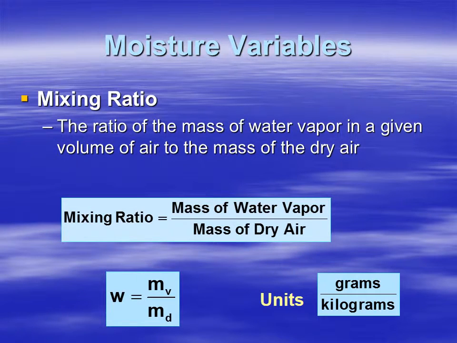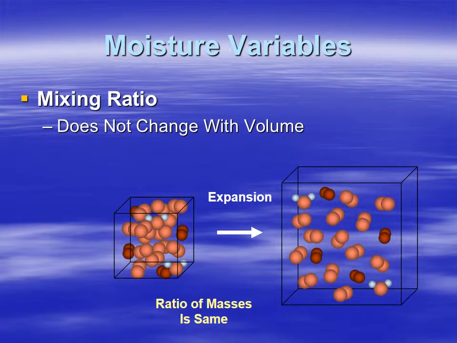Here's the equation. It's a ratio, and we use the symbol W. And when you divide one by the other, once again, you'll get a very small number. But if you want to put it in terms of kilograms of dry air, you have to multiply it by 1,000, and you'll get something like 1 or 2 grams per kilogram. And of course, that does not change with volume.